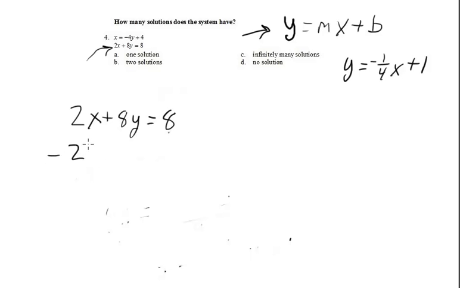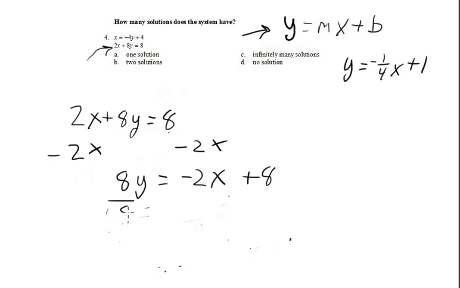I'll subtract 2x from both sides. That'll leave me with 8y equals negative 2x plus 8. And divide both sides by 8. These cancel out, and I'm left with y equals negative 1/4 x plus 1.